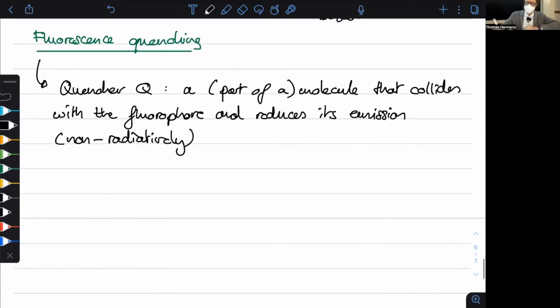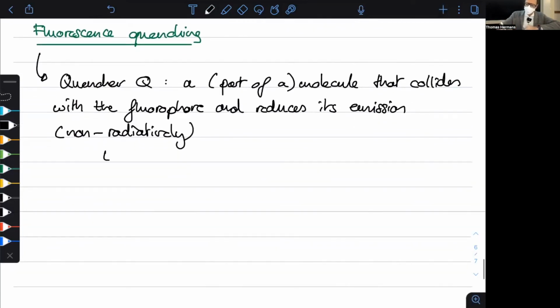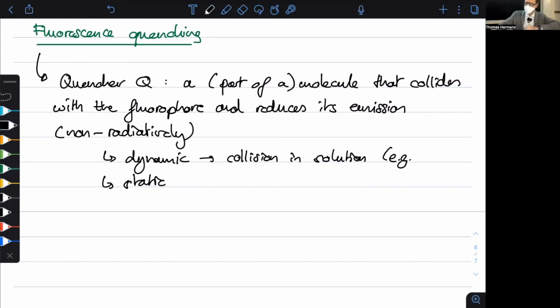Okay, and this can be dynamic or static. So this means collision in solution, for example, dissolved oxygen, or static means because of self-assembly.